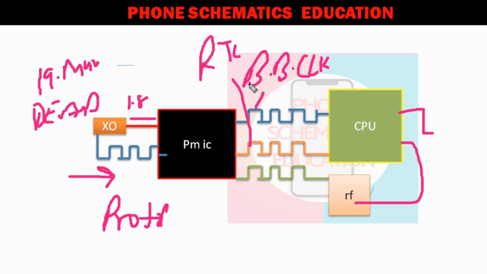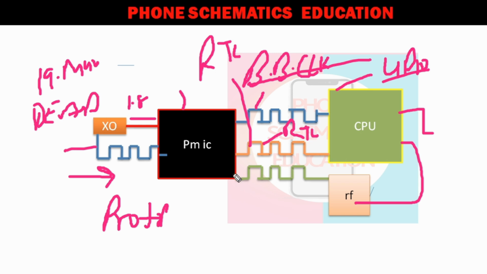If this BB clock signal does not work, your CPU does not activate, your GPIO section too, so your phone becomes dead. If this line is not created, your power IC does not work or activate. Also, the RTC clock is important, I already told you.